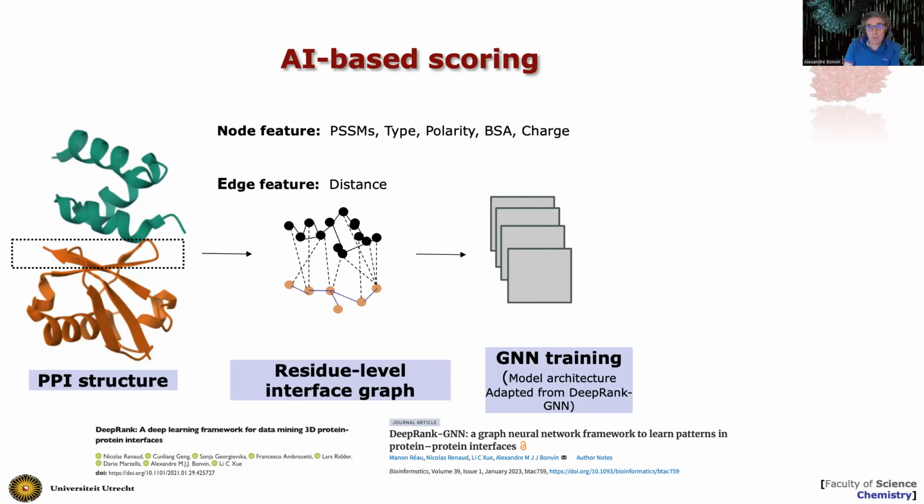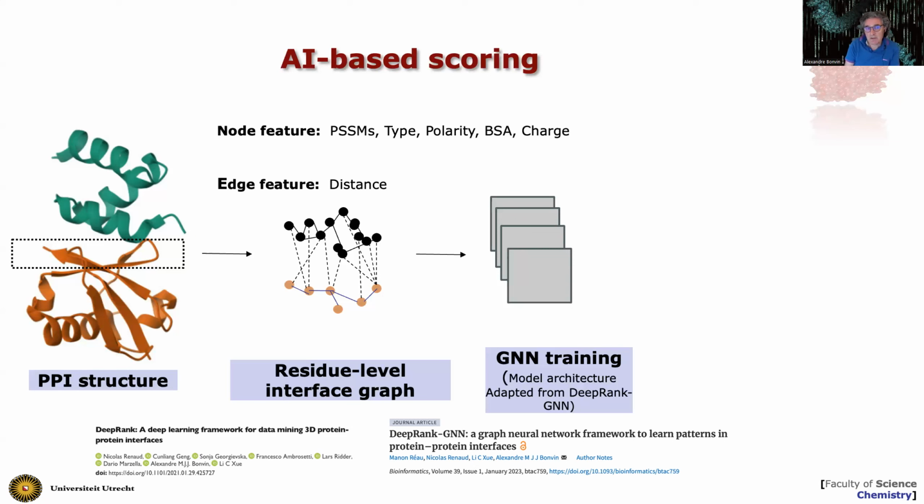One of the important features going into these models when we train them are the type of amino acid, the polarity, the amount of surface between the molecules, the charge, but also a very important component is what is called the position-specific scoring matrices, which is a measure of conservation of amino acids at a given position.